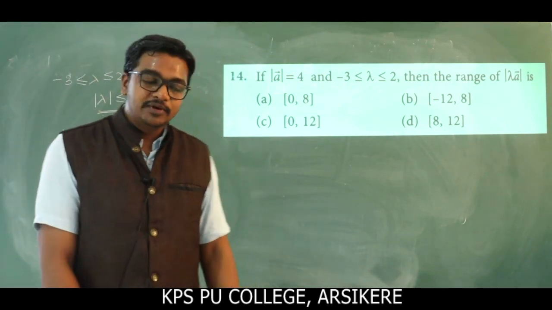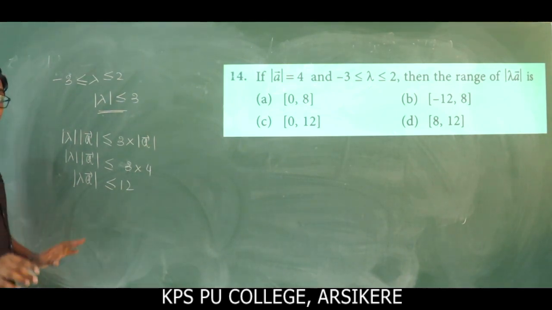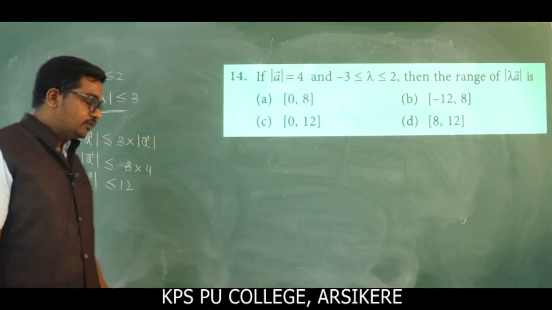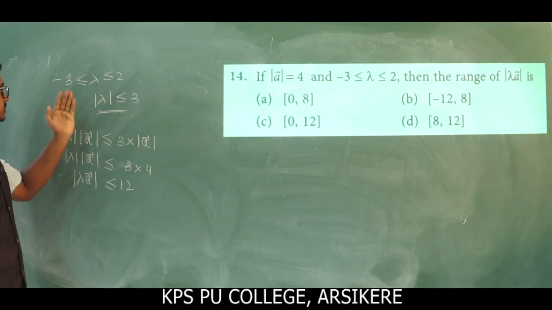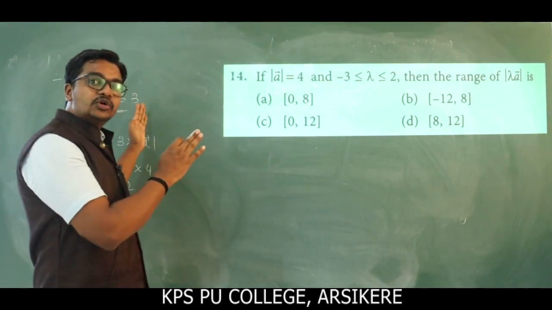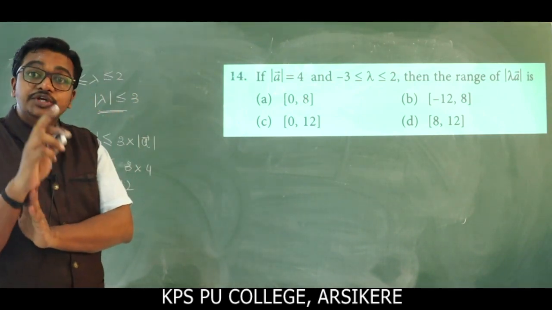Less than or equal to 12 means, obviously, the magnitude of a vector is never negative, right? It is never negative. Here lambda varies from minus 3 to 2, and minus 3 becomes positive, so we are left with 0 to 3.